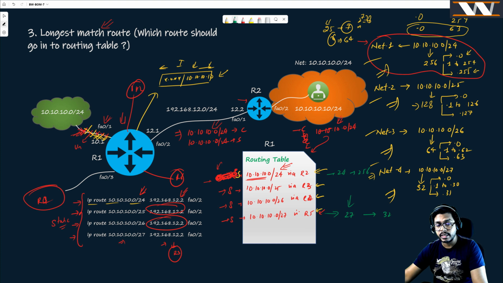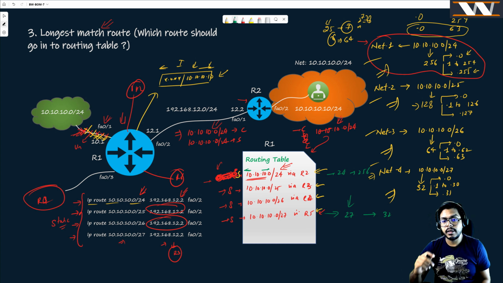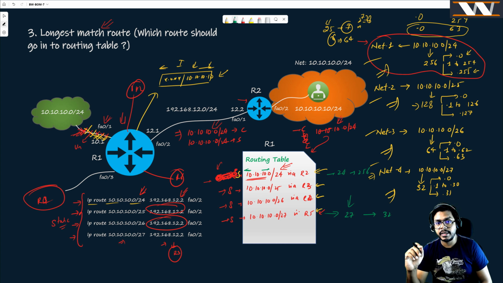So just try to understand, the starting number may seem to be the same, and it doesn't matter what you write before the slash, because the IP address has a logic, and that logic is defined when you specify the network mask bits. The more the number of network bits, the fewer the number of hosts you have, which means the more specific network you have.